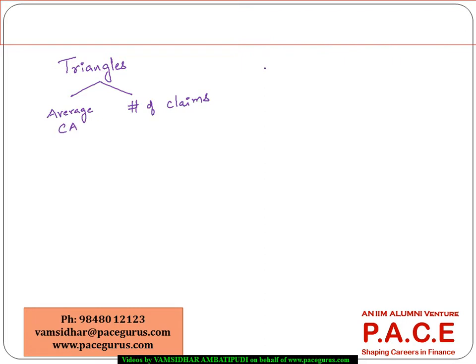Now, if I have to understand this method in depth, initially, as part of the data collection, I get the development table, which is the accident year-wise, development year-wise table for total claim amount as well as the number of claims. For these two, I get detailed development tables.